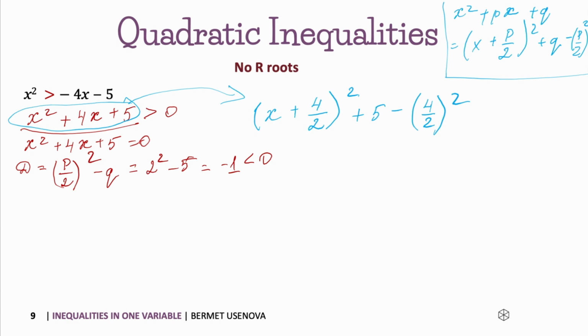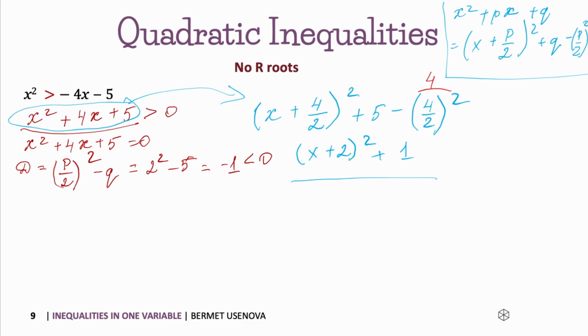So this all gives us x plus 2 squared. And if you look here, we will get 2 squared, which is 4, from this. And 5 minus 4 will be equal to 1. So we completed the square.